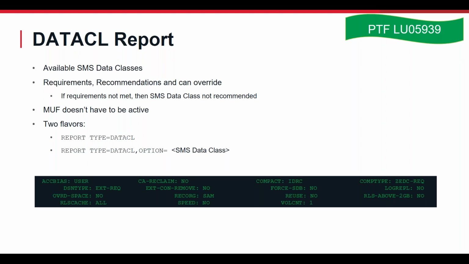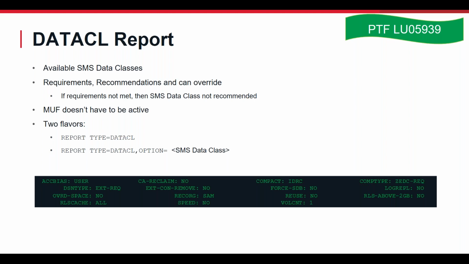It's important to note that there are some attributes of a data class that can be overridden, and when that happens, it may appear as though they are recommended or required, but in actuality, if they end up getting overridden when you go to define a cluster, they won't be.